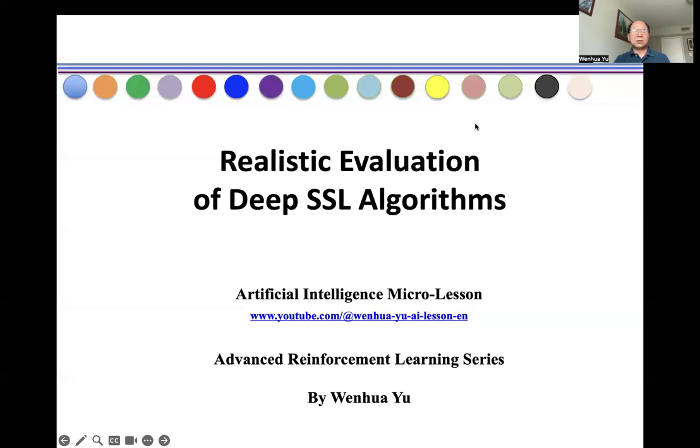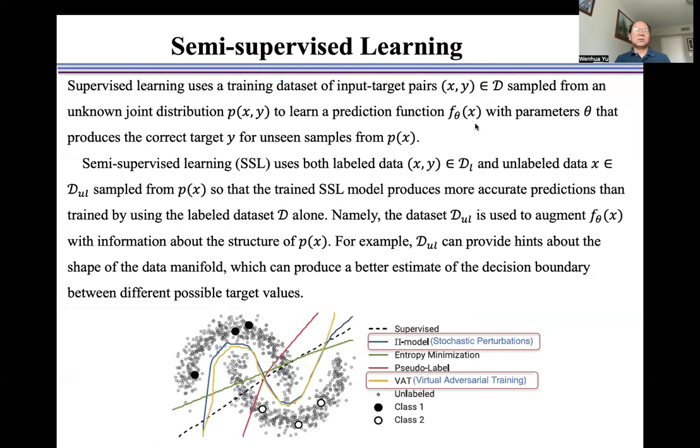In this video, I introduce a realistic evaluation of deep semi-supervised learning algorithms. Supervised learning uses a training dataset of input target pairs x, y sampled from an unknown joint distribution p(x,y) to learn a prediction function f_theta(x) with the parameters theta that produces the correct target y for unseen samples from p(x).